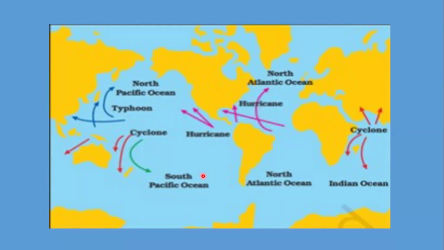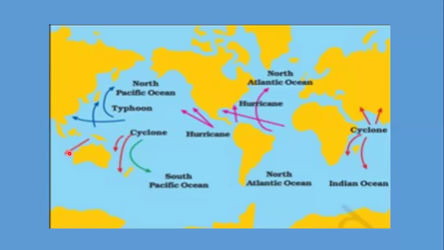In the South Pacific, they are called cyclones, and on the West Coast of America, they are known as hurricanes. In the South China Sea and the Sea of Japan, they are known as typhoons. On the west coast of Australia, these cyclones are known as willy willies.